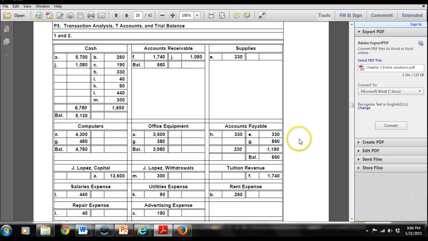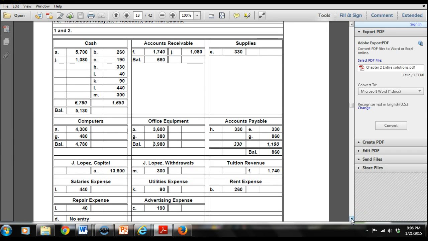Now, just to give you some time, under your cash, let's just look. You should have on the debit side an A of 5,700 and a J of 1,080. And that balance should be 6,780, or the total of the debits.